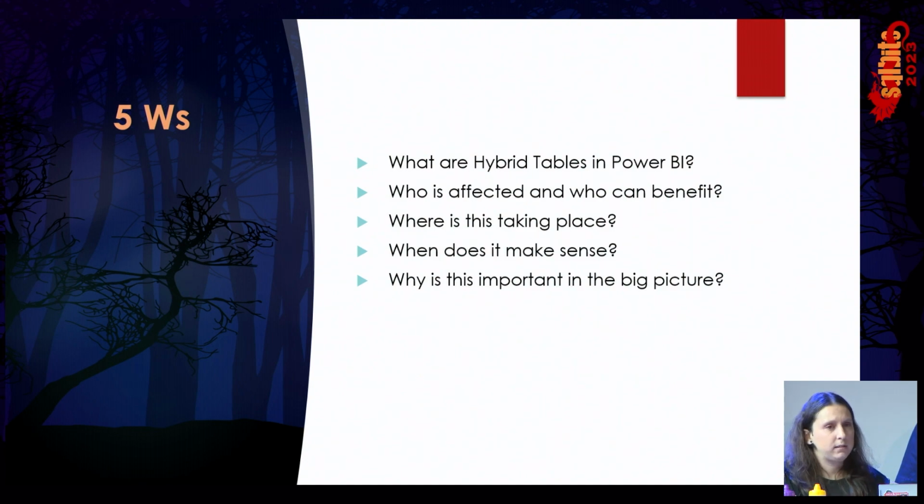When does this make sense? The two scenarios that we showed, I think, are very explicit. We have two different approaches. The direct query for the historical data, when we don't need it every day, doesn't need to be fast, or when we want to bring all the data and only the current data, or the current month, have this near real time.